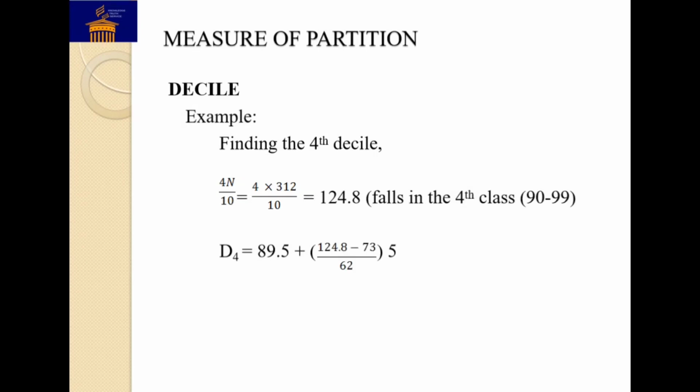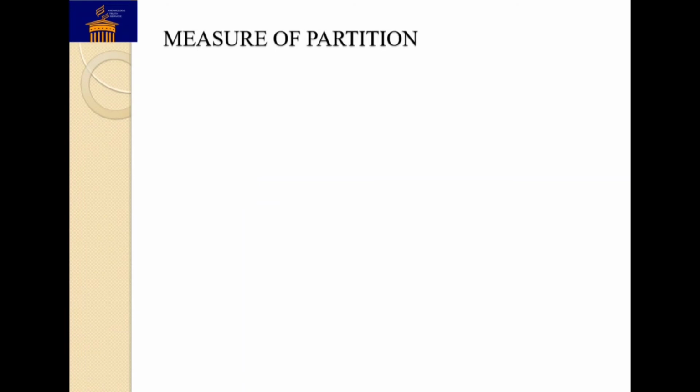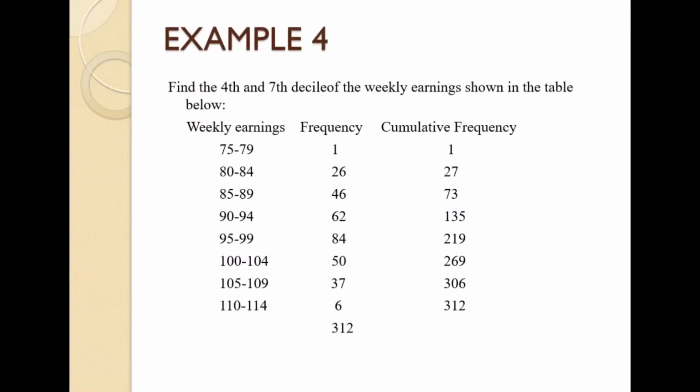So 89.5 plus 124.8, which is the 4n over 10, minus the cumulative frequency before the fourth decile class. Let's confirm that cumulative frequency before that class: 73. And the frequency of the fourth decile class is 62.